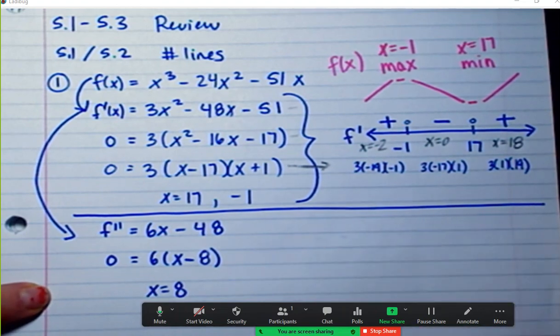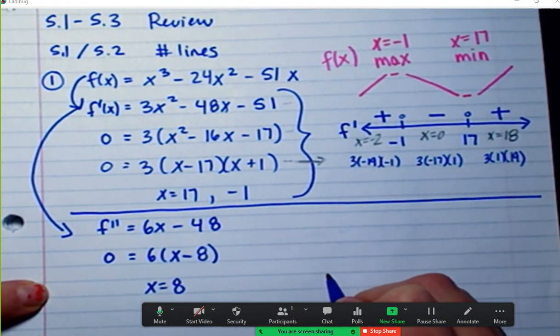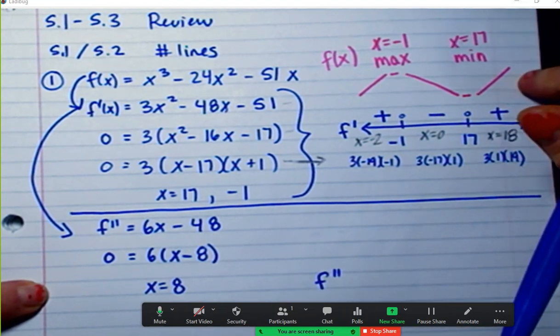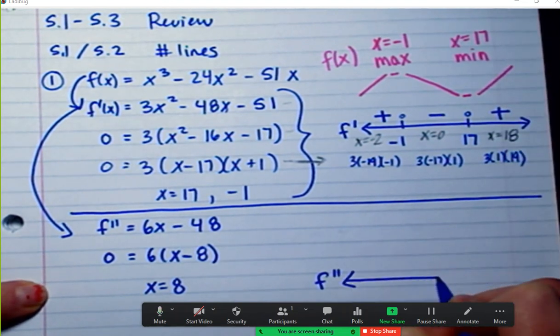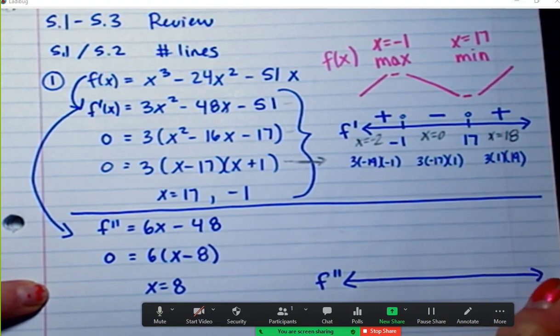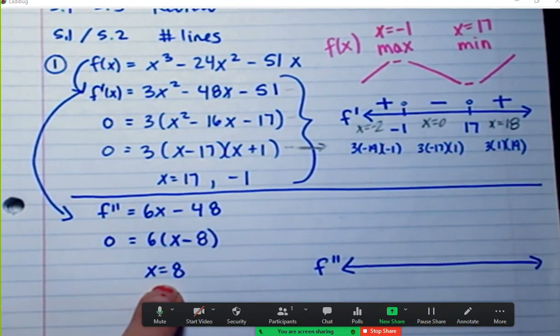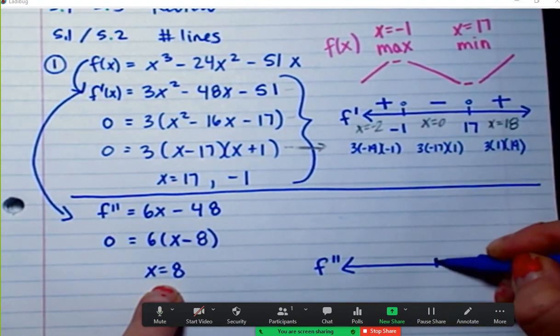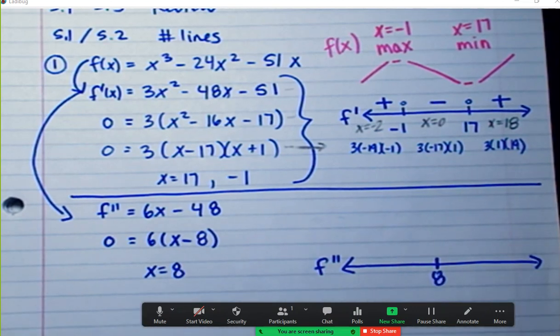I am going to leave a little space above the second derivative number line, because I want to do more f of x drawing. Okay. Second derivative number line. And so I got x equals 8. All right. Do your pluses and minuses.